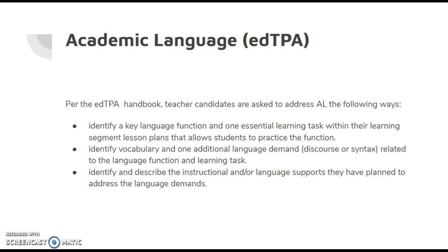The second is to identify vocabulary and one additional language demand, i.e. discourse or syntax, related to the language function and learning task. And third, identify and describe the instructional and/or language supports they have planned to address the language demands.